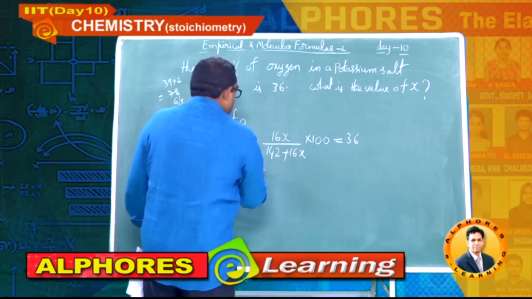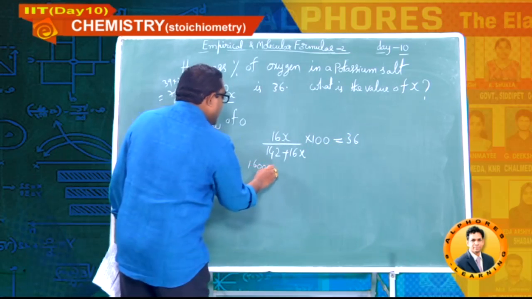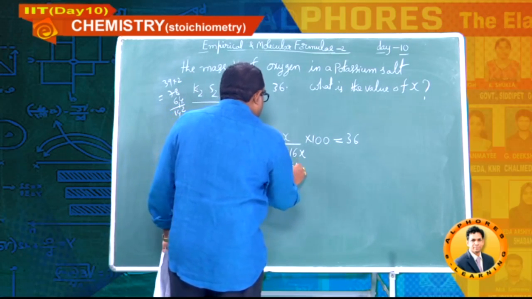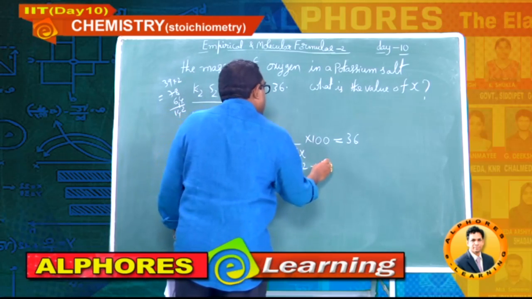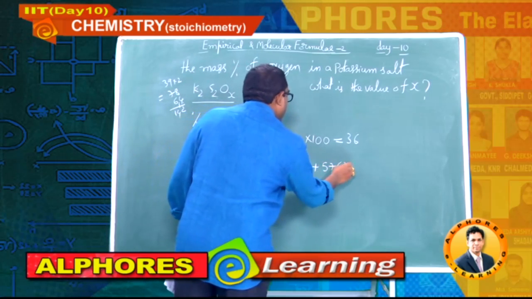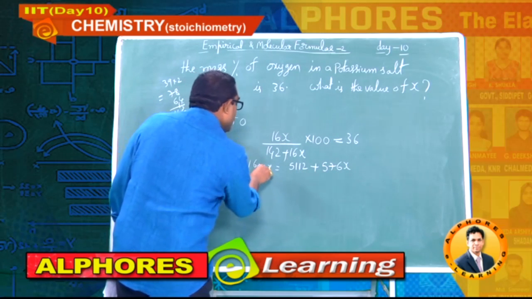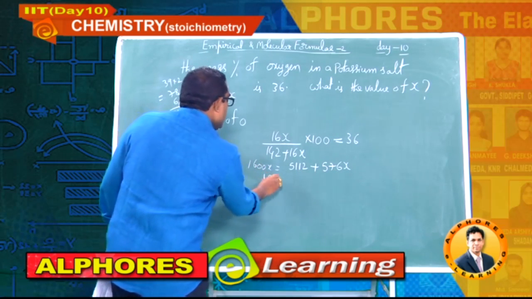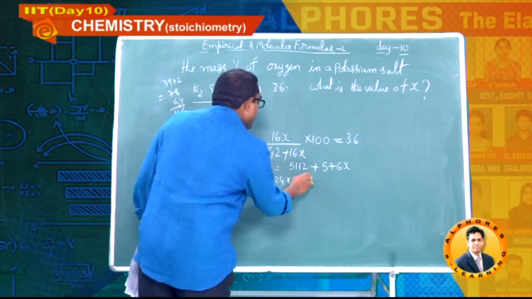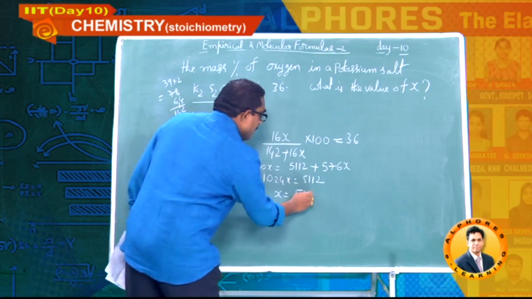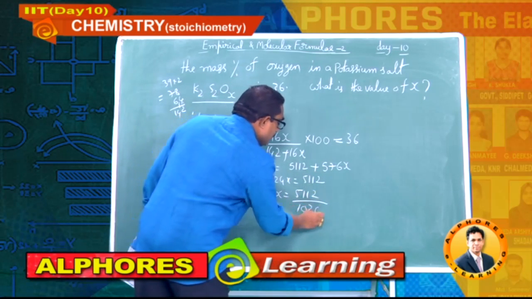Now let us calculate. 1600x equals 5112 plus 576x. Take it to this side: 1024x is equal to 5112. Now, students, x is equal to 5112 by 1024.